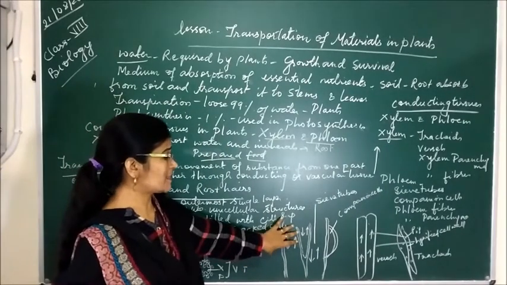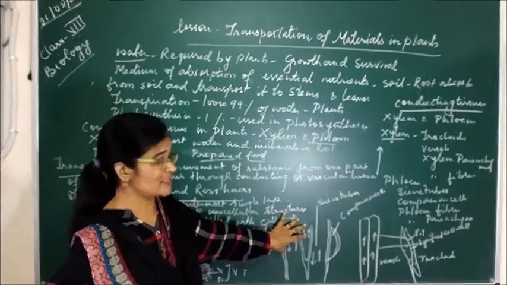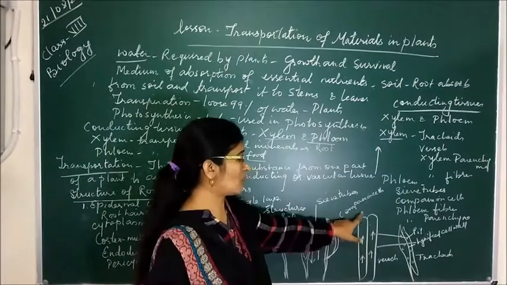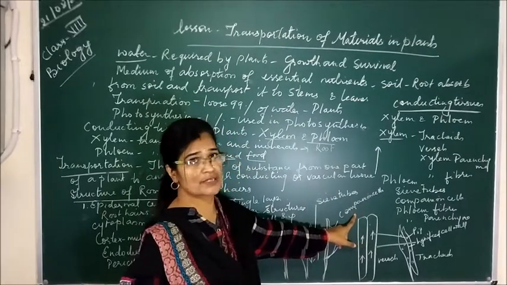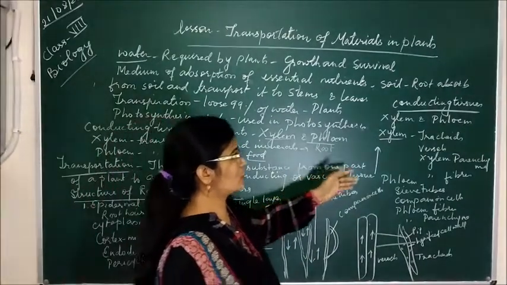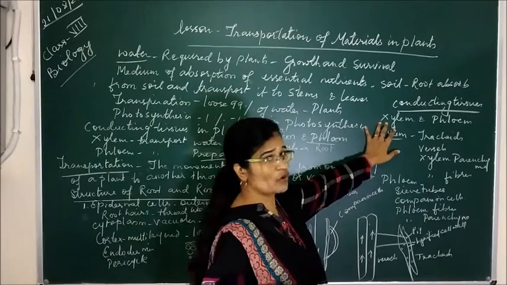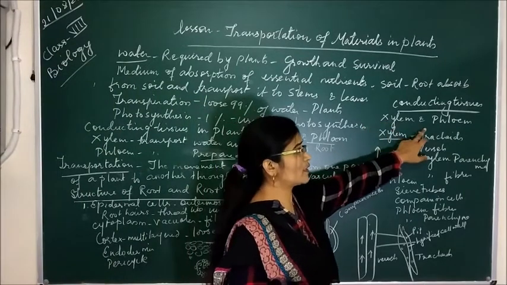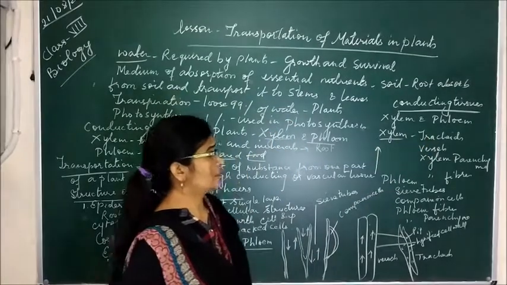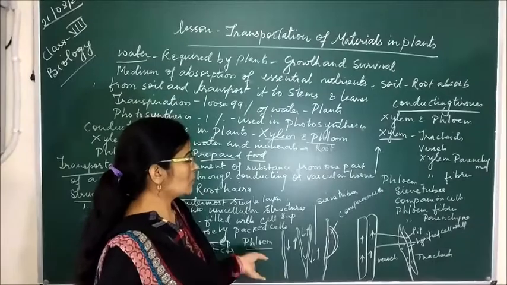So here we can see in both directions the food is transported, whereas in the xylem only from downward to upward, means in one direction. That is the main difference, and the difference is also that xylem conducts water and minerals, and phloem conducts the food which is prepared during photosynthesis.